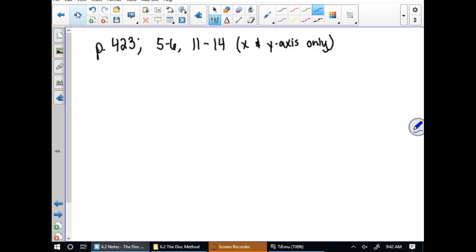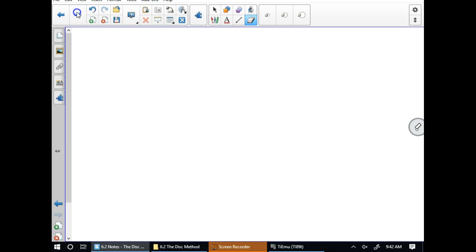Alright, so this is not right. This is from the old book. Your assignment is going to be page 425, and you're going to do 5 and 6. They have the graph for you, so that's helpful.